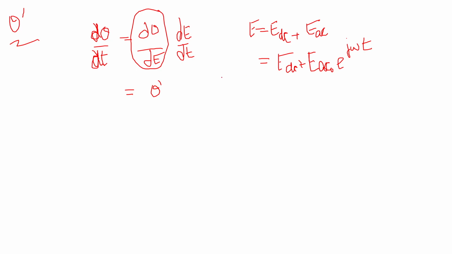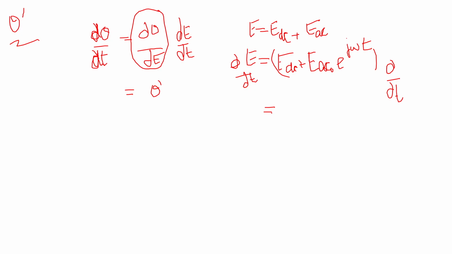So if I am differentiating this, that is dou E by dou t, which I want. I'll differentiate this with respect to t. What will be dou by dou t of EDC?